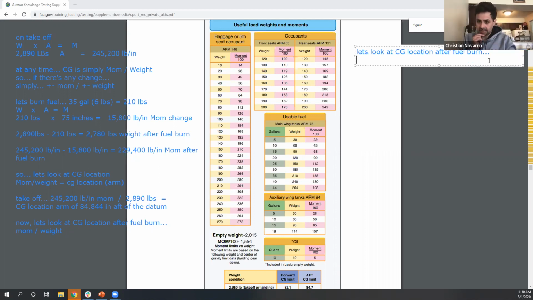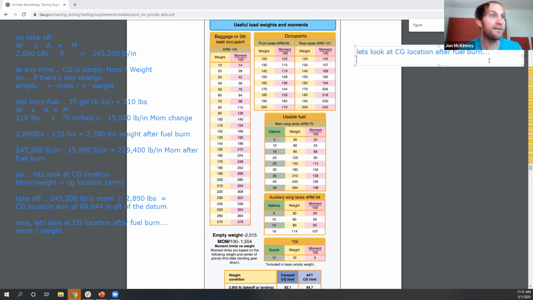And I'm telling you, it's going to move forward because every airplane that I know of, center of gravity moves forward as we burn fuel. Because our datum is usually something forward, like the firewall or the nose or the leading edge of the tire, some imaginary point 100 inches forward of the leading edge of the wing. So as we lose weight from the aft end of the airplane, the center of gravity usually moves forward towards the nose.